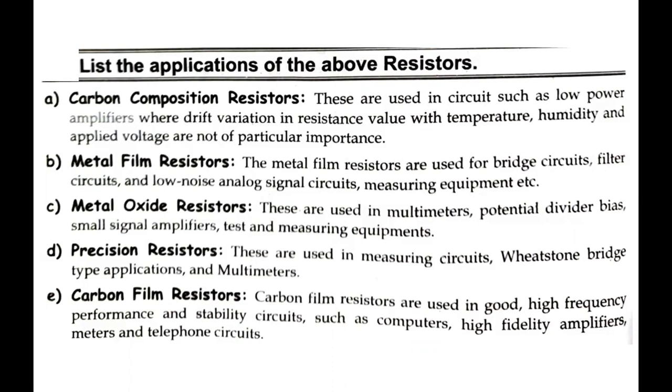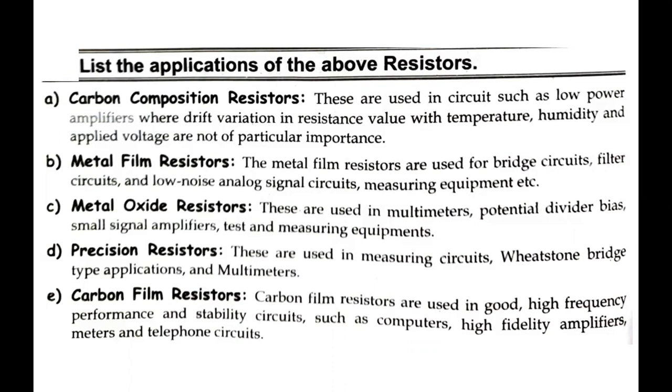Okay, low power amplifiers use carbon composition resistors. Metal film resistors are used for bridge circuits, filter circuits, low noise analog signal circuits, measuring equipment, etc. Bridge circuit is, for example, a bridge amplifier.